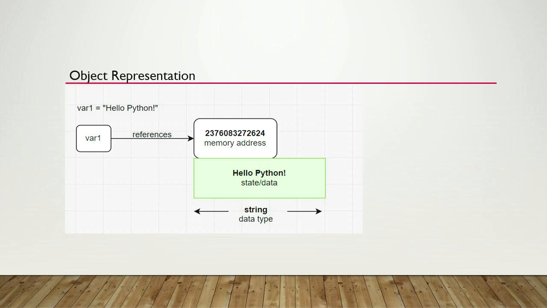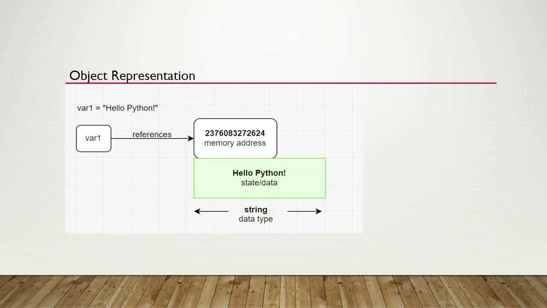So what does that mean? An object, in a higher level view, should have a place in memory. Also, it should have a state or data. Also, it should have a data type. For instance, here on the screen, I've created a variable var1 and assigned a value, hello Python.